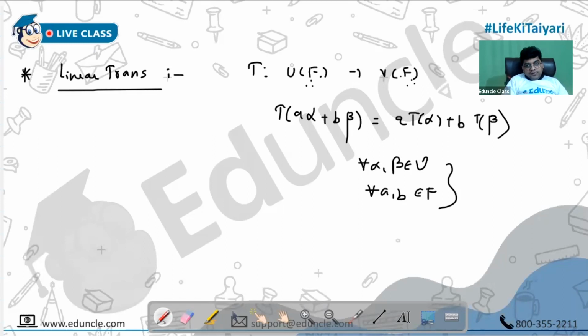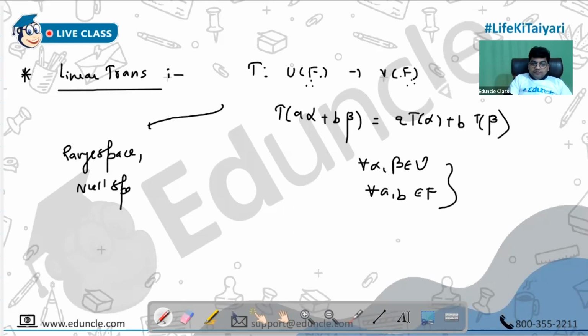Now the main thing is that you have to find the range space and null space, and then you will find the rank of the linear transformation and the nullity of the linear transformation. Do you have any problem in this topic? Range space, null space, rank and nullity.